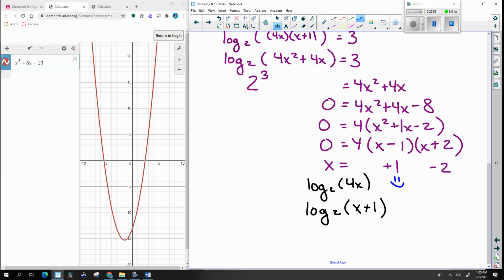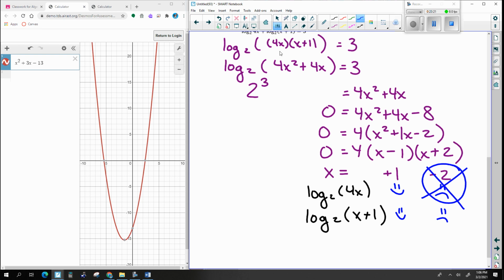If I put in the 1 here, I have log base 2 of 2. Okay, that's good as well. Putting in the number -2, the first one would be the log base 2 of -8. That's no good. So that's going to be extraneous. Same with the other one. It would come out to be -1, which again is extraneous. So the extraneous solution in this situation is -2, and I think that's what they're asking for.